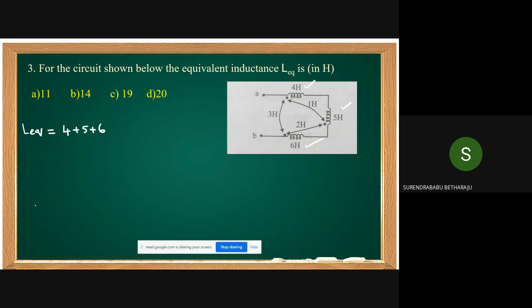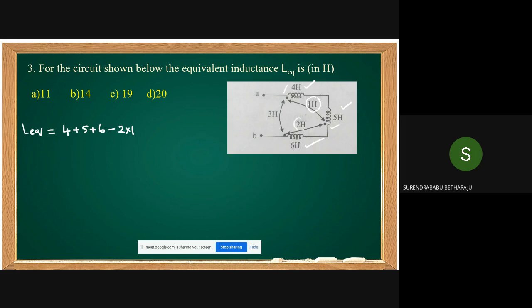Then check the mutual inductances. First, I am checking for 1 Henry. This 1 Henry is between this coil and this coil. For this coil, it is a starting terminal. For this coil, it is an ending terminal. Understand? That's why it is opposing. Opposing means minus 2M, minus 2 into 1.